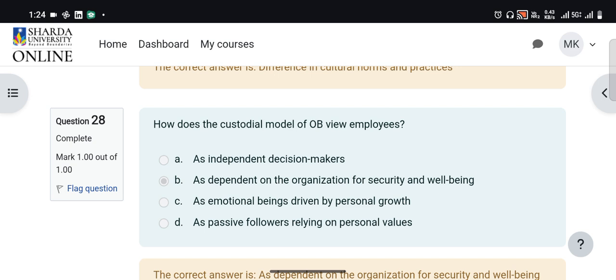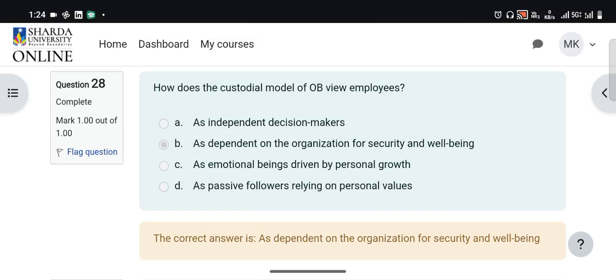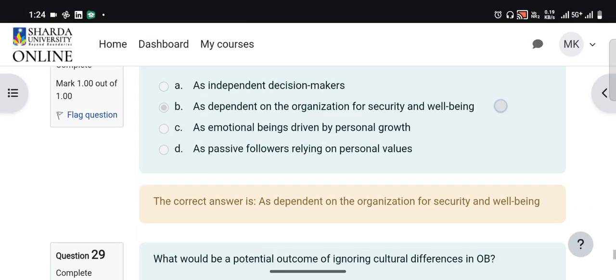Option C, as emotional beings driven by personal growth. Option D, as passive followers reliant on personal values. The correct answer is as dependent on the organization for security and well-being.